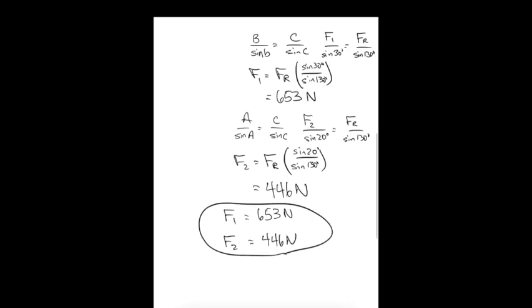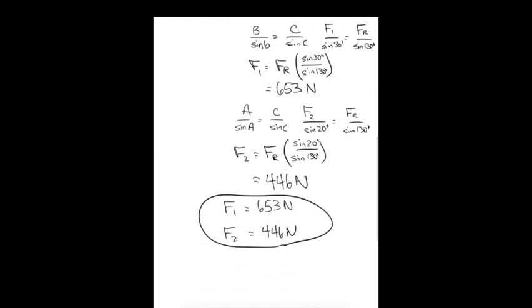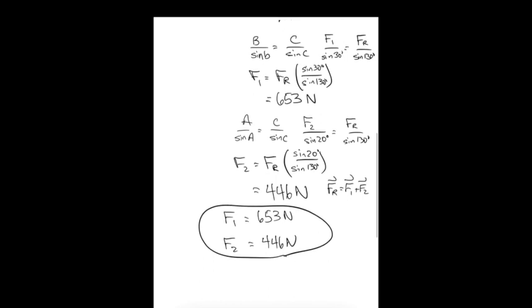But again, we should always check that our answers make sense. It makes sense that the values of F1 and F2 should be less than the resultant force, right? If FR is equal to F1 plus F2, then the magnitudes should generally be less than that, right?